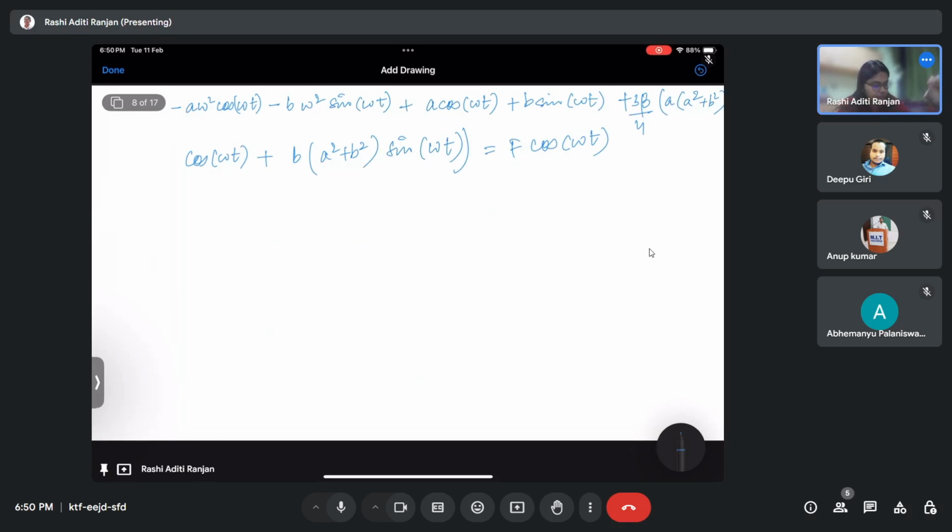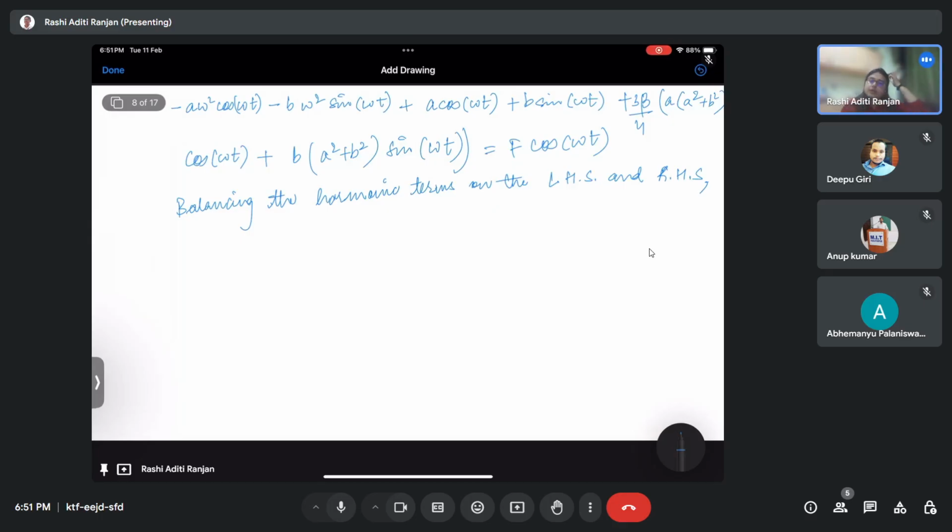So balancing the harmonic terms on the left hand side and right hand side, we are going to get two equations because we have a cos omega t term and a sin omega t term.